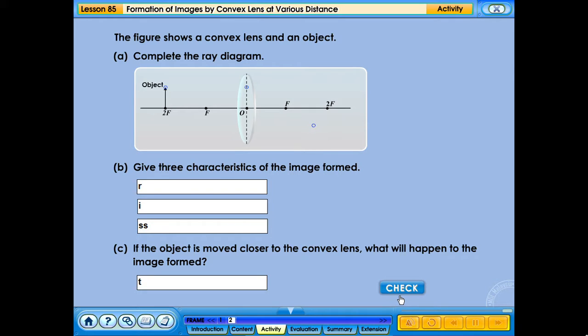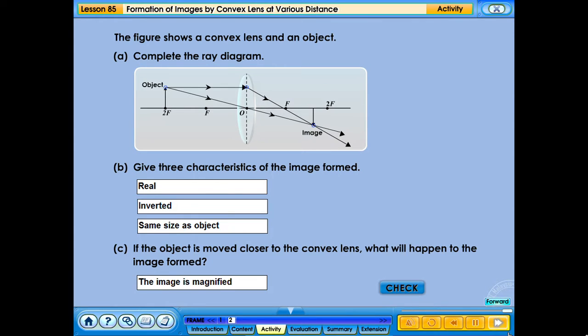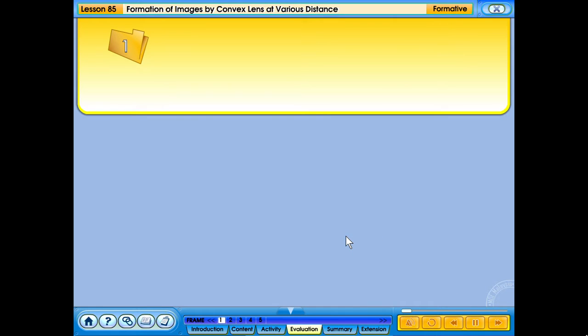Your answer is incorrect. This is the correct answer. Click on the correct answer.